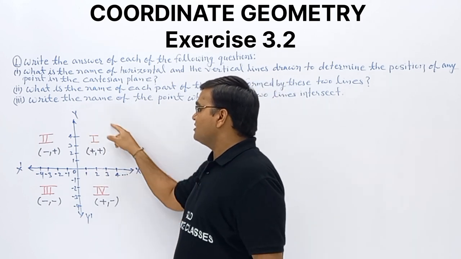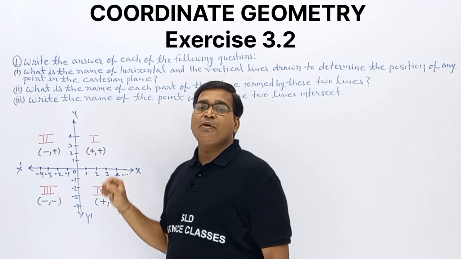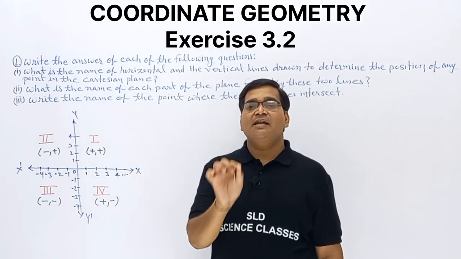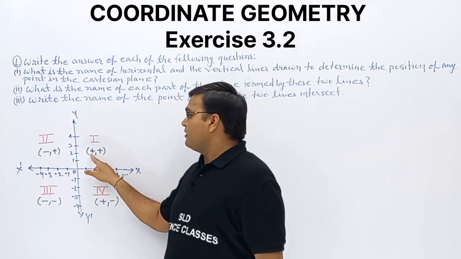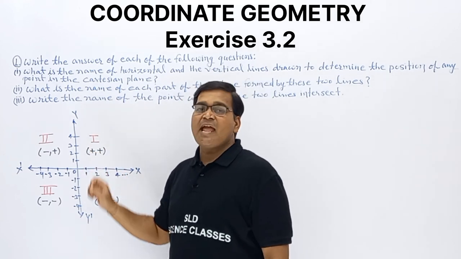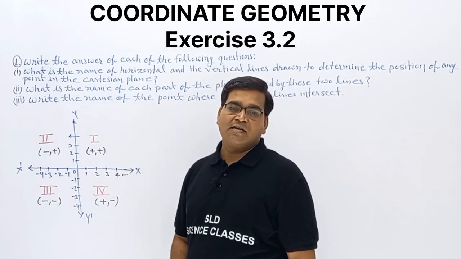The first quadrant has plus, plus. This bracket shows the coordinates of a point, and we write the coordinates of a point in a bracket. First we write the x coordinate, then the y coordinate. The x coordinate is the abscissa, and the y coordinate is the ordinate. Clear?